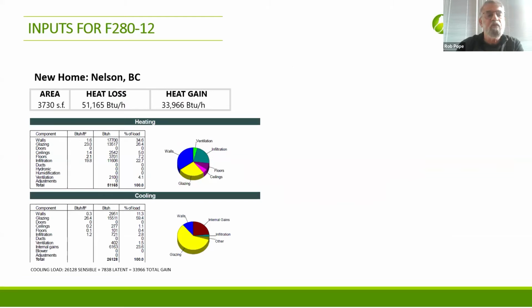We've got this new home in Nelson, say. What kinds of inputs do we need to come up with what you see here? This is a snapshot of the load calculation, F280 load calculation.